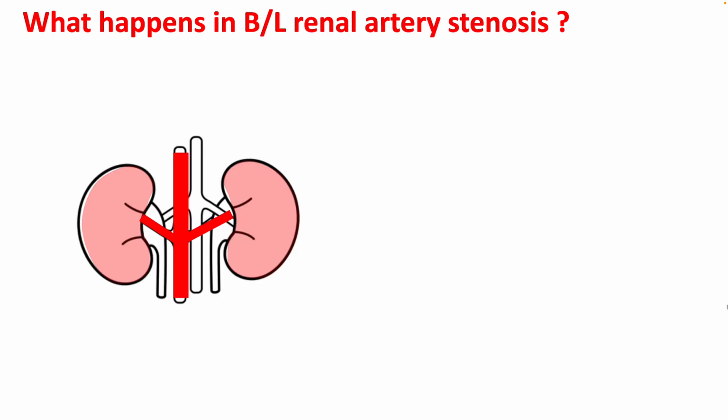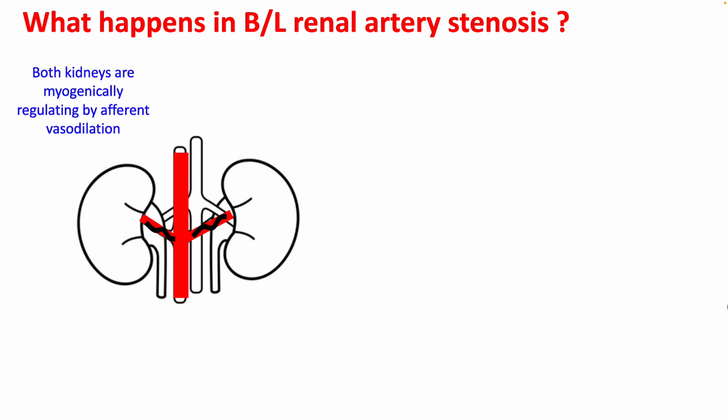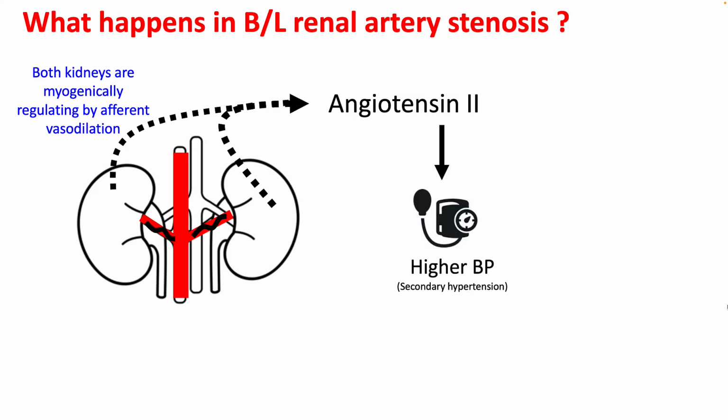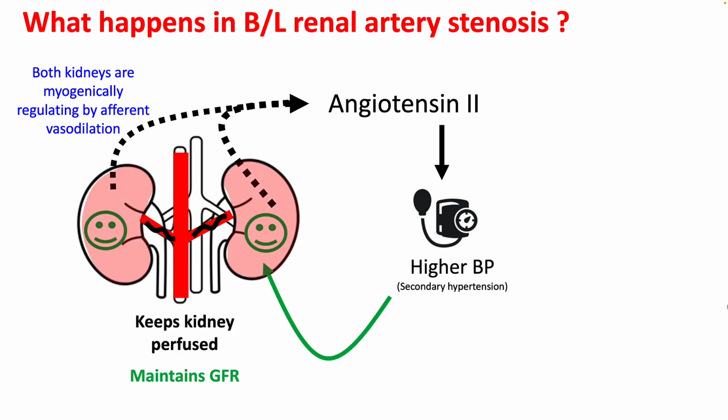This is a patient with bilateral renal artery stenosis with decreased perfusion to the kidneys. Both kidneys will be myogenically regulating their blood flow by afferent vasodilation. They will also be producing a lot of angiotensin 2, which would increase your blood pressure and result in secondary hypertension. And this should tend to perfuse the kidneys and try to maintain the GFR.